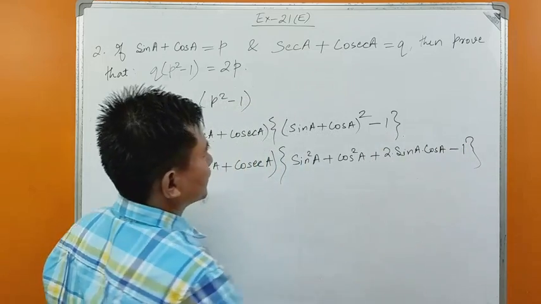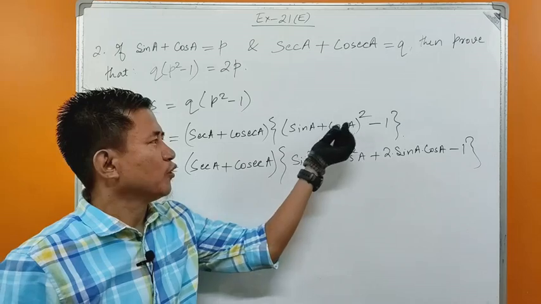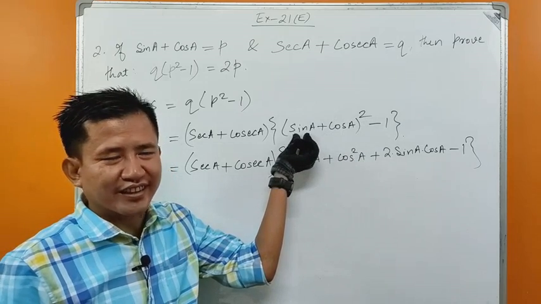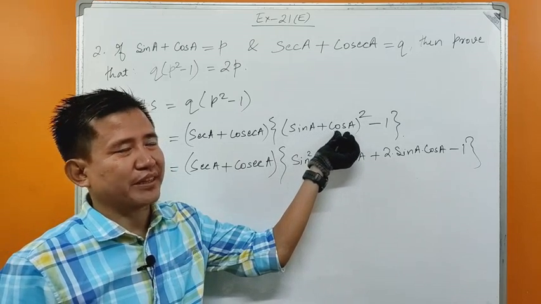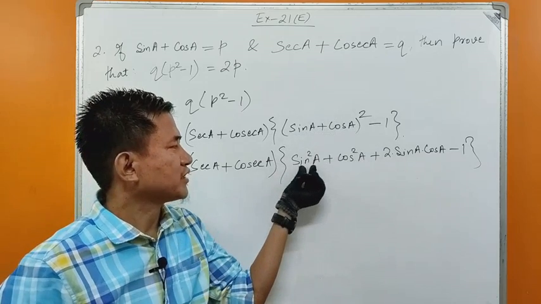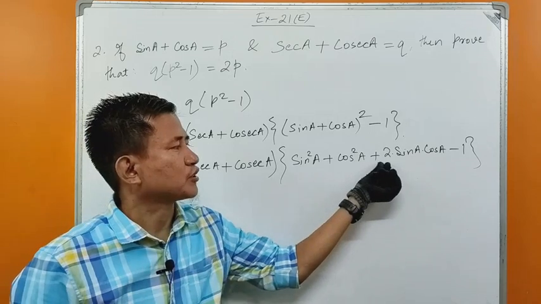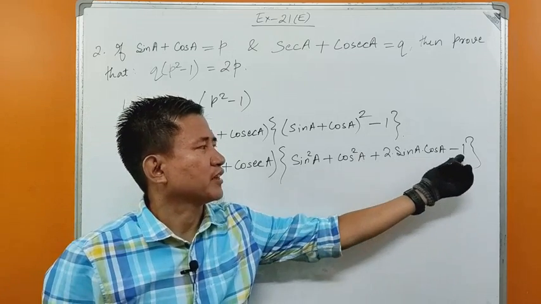This minus 1 comes here. Sin A is considered as A and cos A is considered as B.